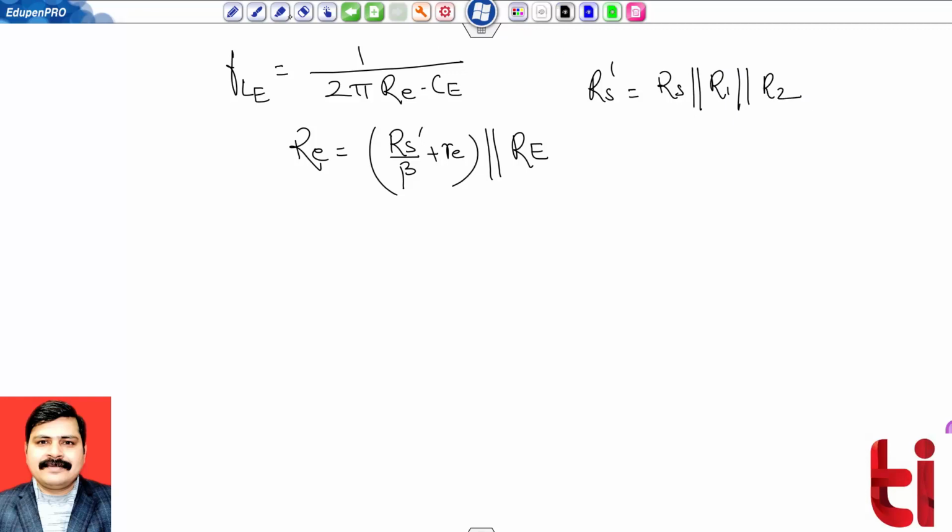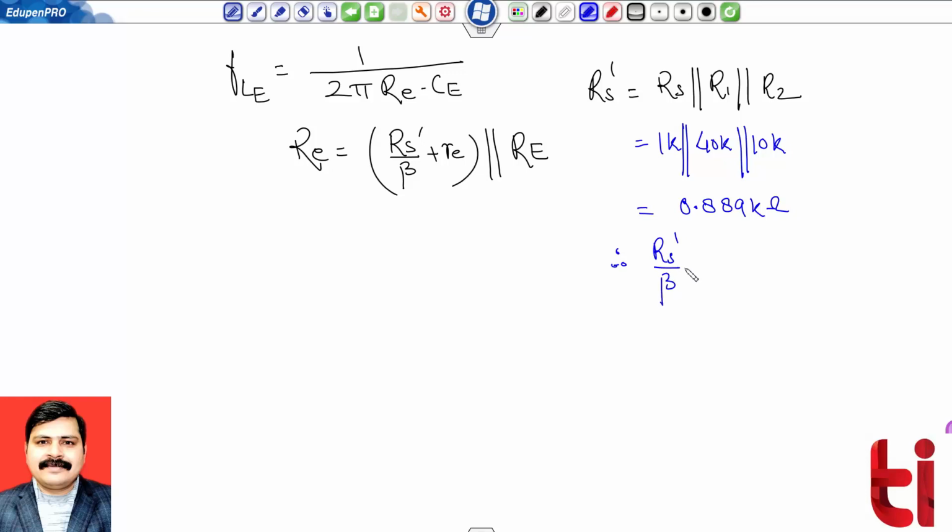So this quantity becomes 1 kilo ohm parallel 40 kilo ohm parallel 10 kilo ohm, and this is equivalent to 0.889 kilo ohm.